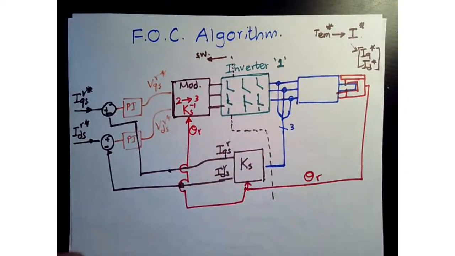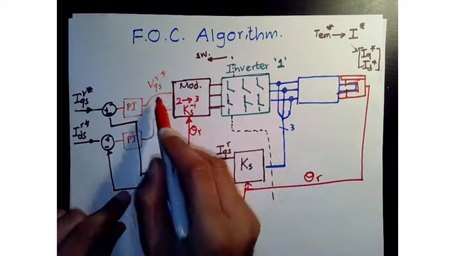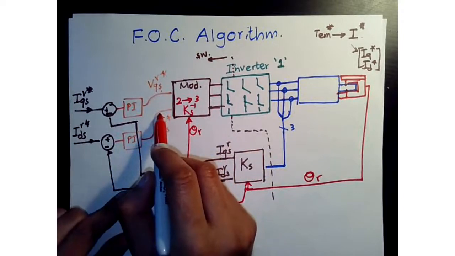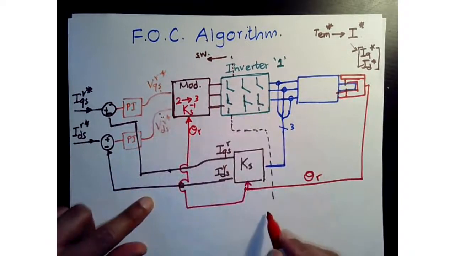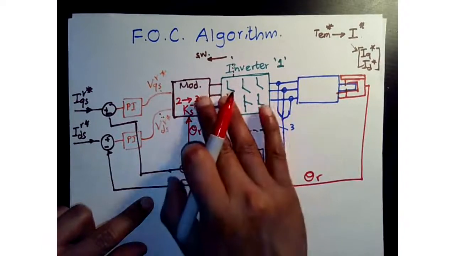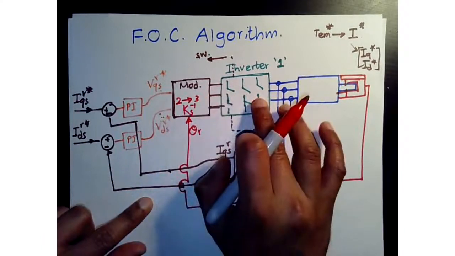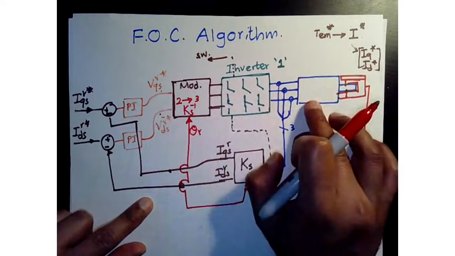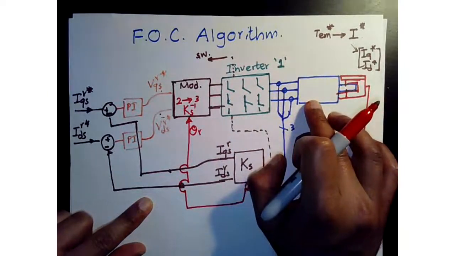Precision is needed, right? And depending on how that is, these voltages that are in the rotor reference frame get converted to three-phase voltages and then into PWM duty that is applied to the machine.